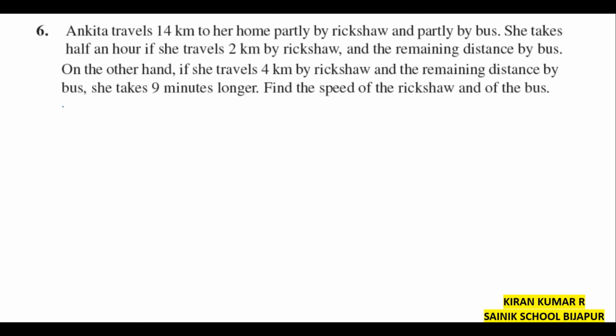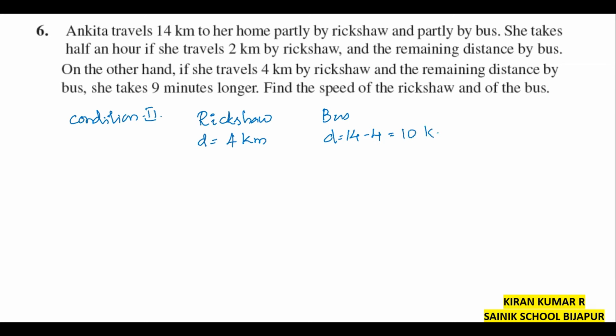Let me take the second condition. Once again, in the same format, I will write separately rickshaw and the bus. The distance covered by rickshaw is 4 kilometers, and the distance covered by bus is the remaining 14 minus 4, which is 10 kilometers. The time taken by rickshaw is distance upon speed, 4 by x.